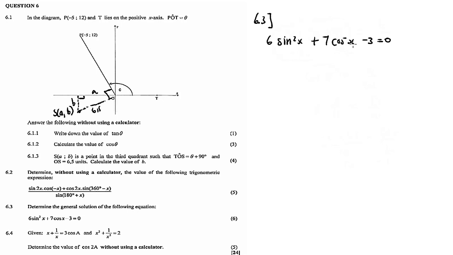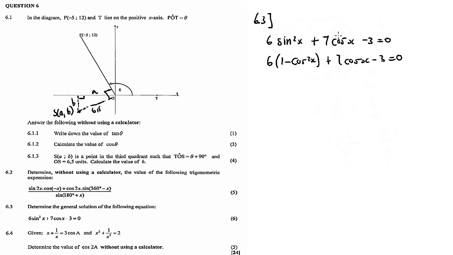So here we will use an identity first. Why do I say so? The squared suggests that we have a quadratic equation, where the variable is a trigonometric function. So the first thing we do is express sine squared x as the identity 1 minus cos squared x, plus 7 cos x minus 3 equal to 0. Why did I change the sine to cos?